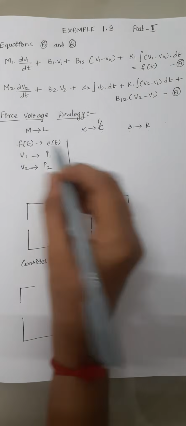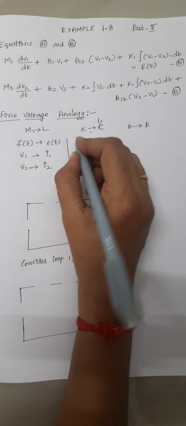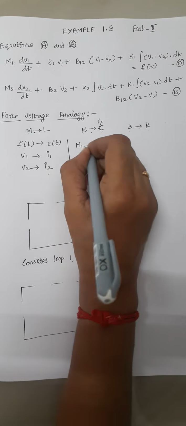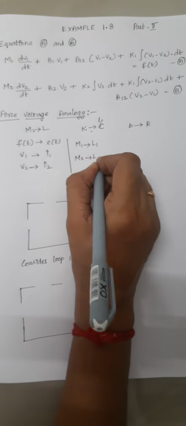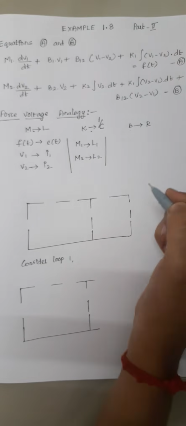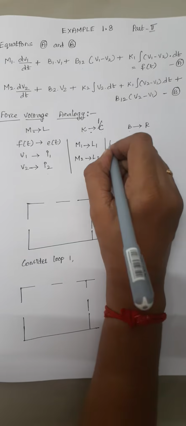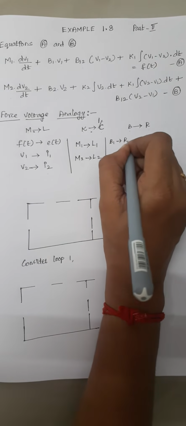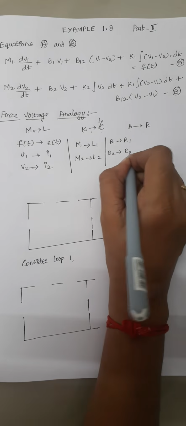This is the general form of representation: M, K and B. Now, we have M1, so M1 is represented as L1 and M2 is represented as L2. The next one is B1, so B1 is represented as R1 and B2 is represented as R2.